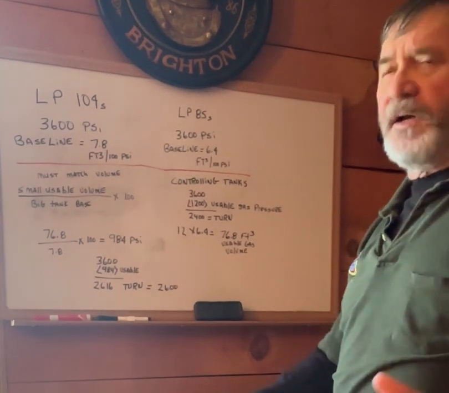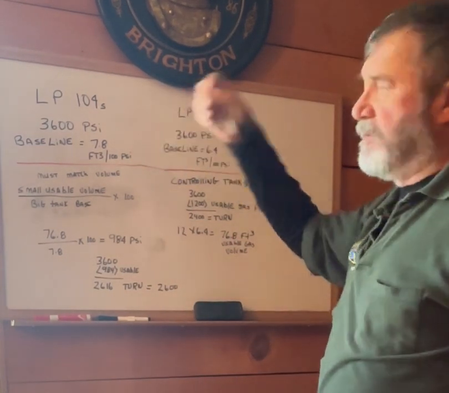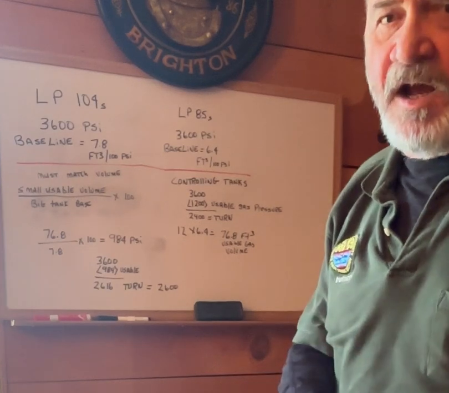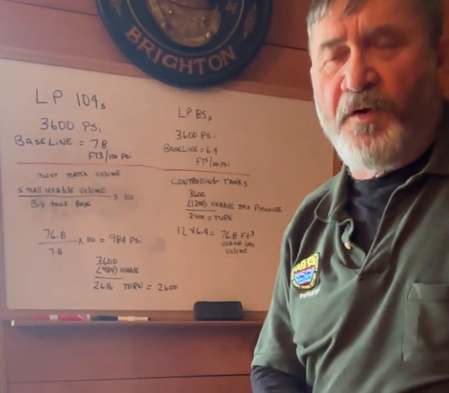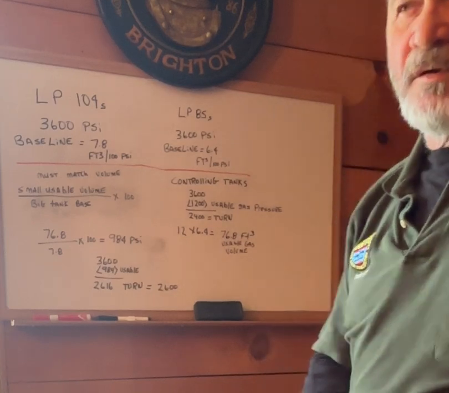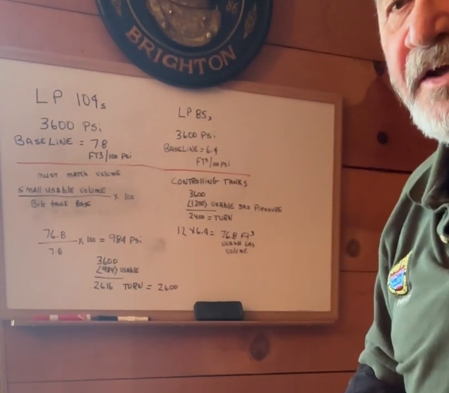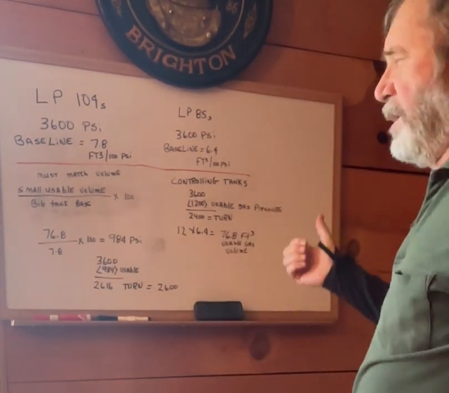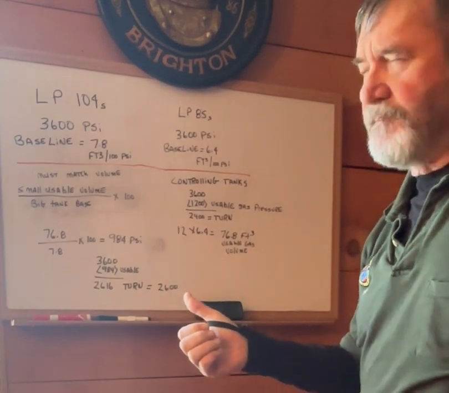Now let's go to the large set of tanks. That diver cannot use a full 1/3 of his pressure because that pressure would be a greater volume than the other set of tanks.